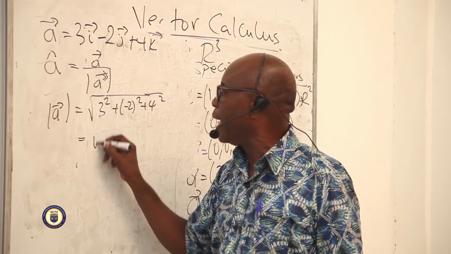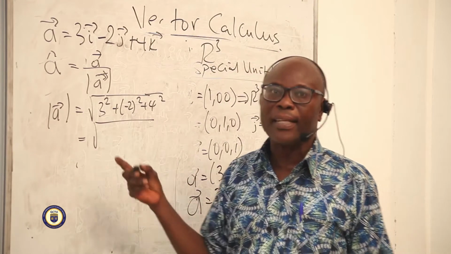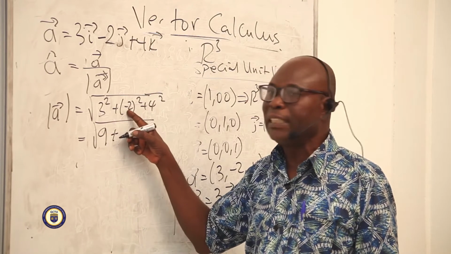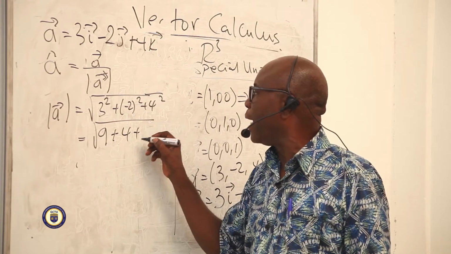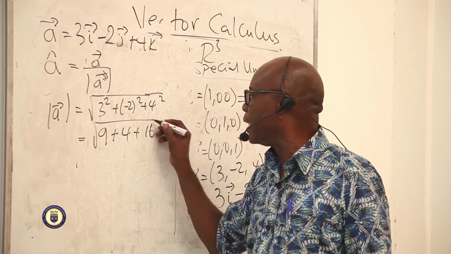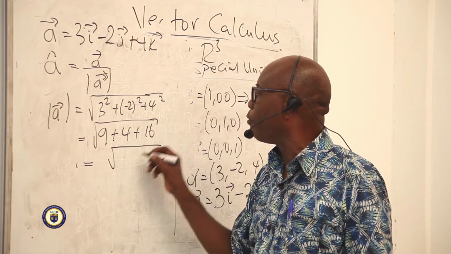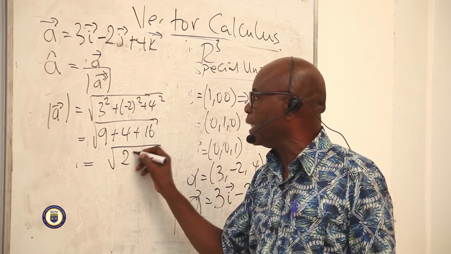If you do the addition beneath the square root, 3 squared is 9, plus negative 2 squared is 4, plus 4 squared, which is 16, and this sums up to the square root of 29.